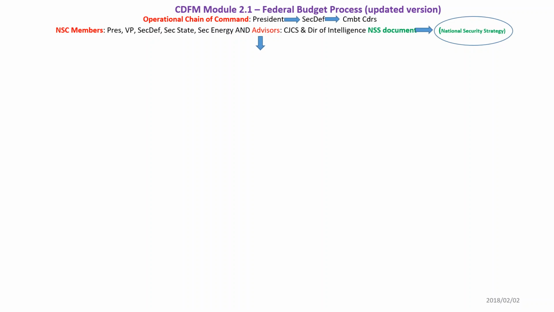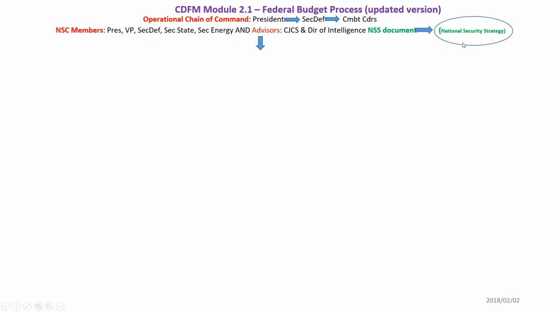So once the national security members identify the threat, then priorities and strategy are put into place to understand how to meet and defeat that threat. So the National Security Council develops the National Security Strategy document.